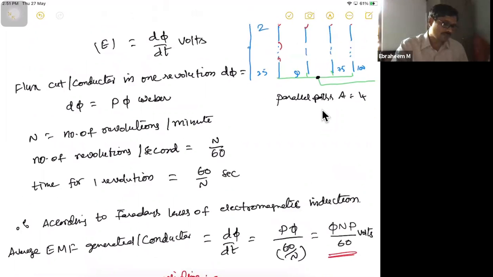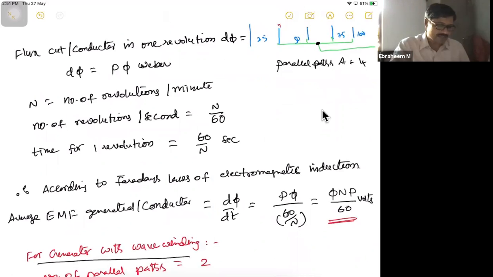The number of revolutions per minute is N, so per second it is obviously N by 60. Then what is the time for one revolution? Obviously 1 divided by N by 60, that is 60 by N seconds. That is clear, right?